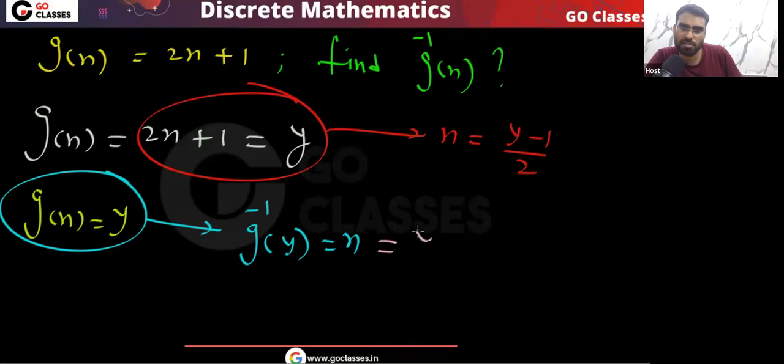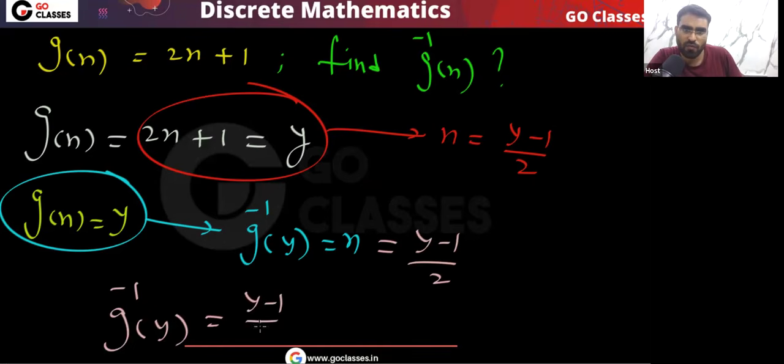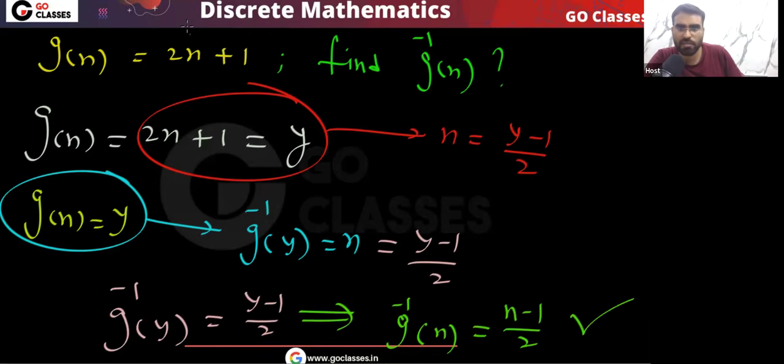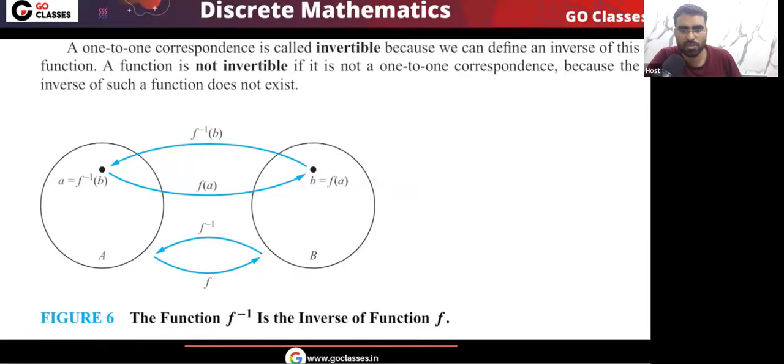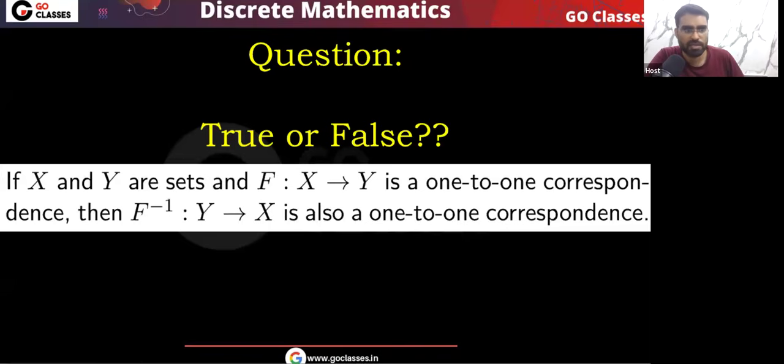So I have g inverse of y equal to (y minus 1) by 2. From here, I can replace this y with n, so I will get (n minus 1) by 2. So very simple. This is your inverse.